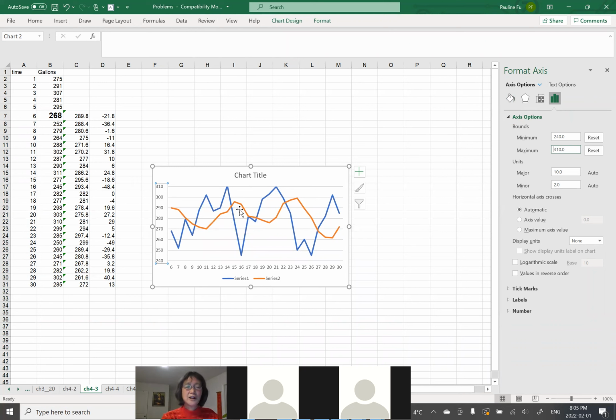This way you can show two lines on the same chart.